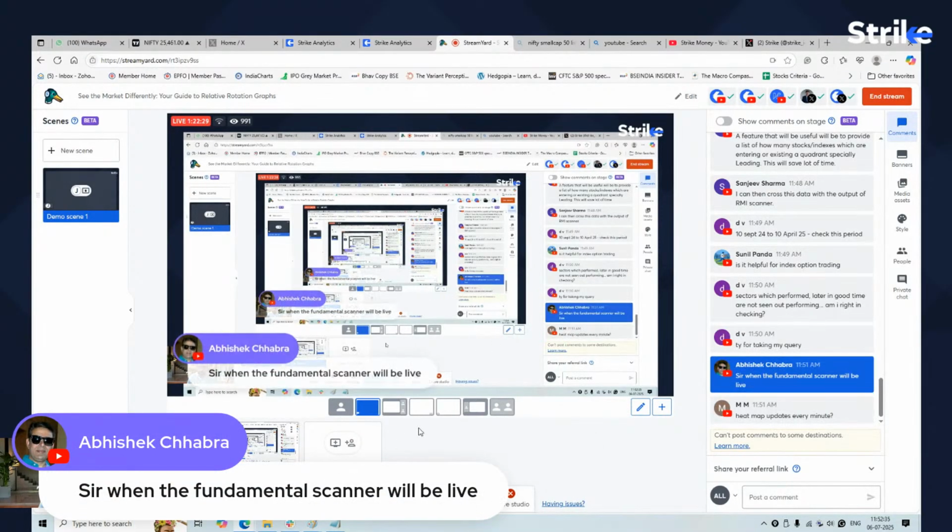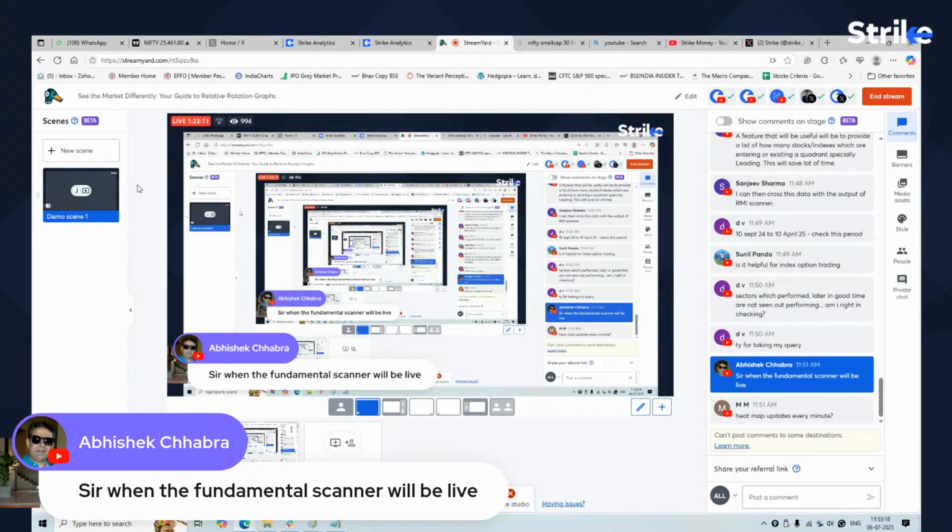Fundamental scanner, Abhishek. Firstly, thanks for being with us for a long time. I know that you all have been very patient. We have this priority of moving all the screens to 1 minute. Once that is done, I can promise you that we'll bring those fundamental scanners as well. Right now, while we are doing this transition, there are some issues that we are facing. So we don't want to spread too thin and put out lots of more features. We first want to consolidate and make this software run very fast.